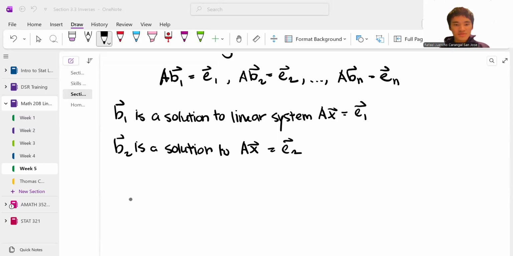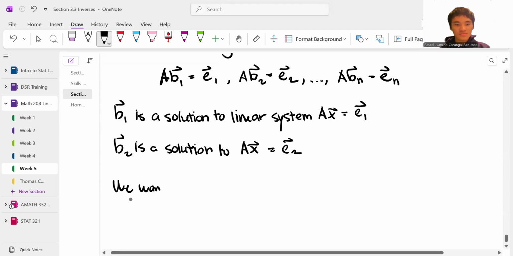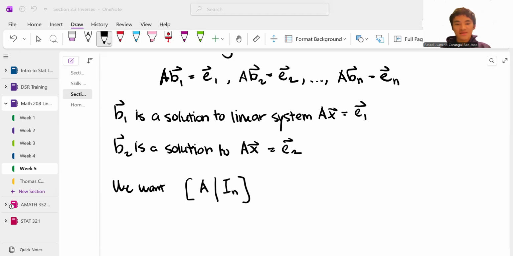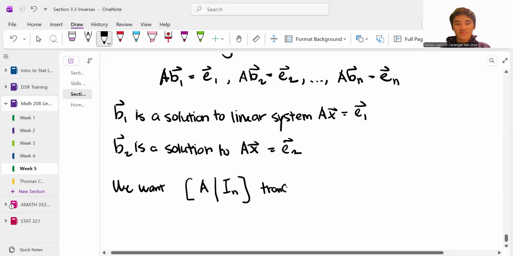So in other words, we're going to have this large augmented matrix, with a vertical line. A is the matrix that we have, and on the other side is going to be another matrix, which is the identity. And we're going to transform this.